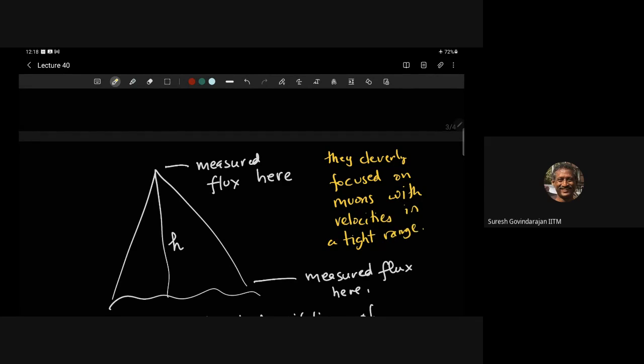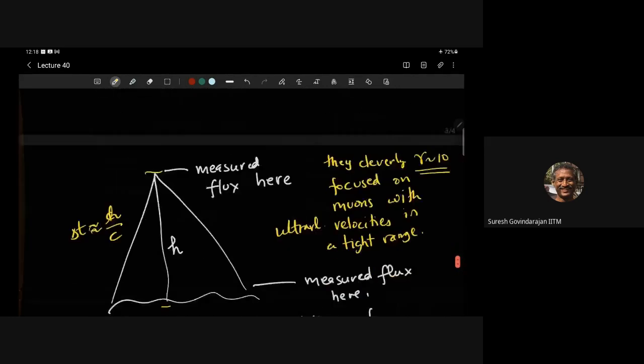These were ultra-relativistic velocities, close to the speed of light. Gamma is, I think, 10 or something like that at least, so it was some reasonable factor. To first order, you can say that they're almost moving at the speed of light. So the time it takes to come from here to here, delta t, will be approximately h by c.